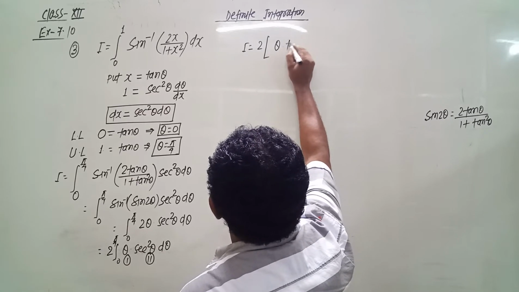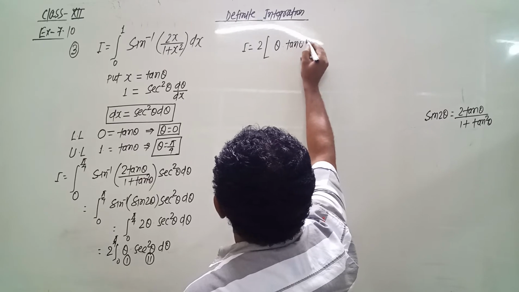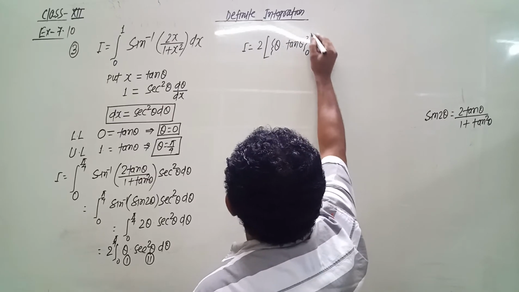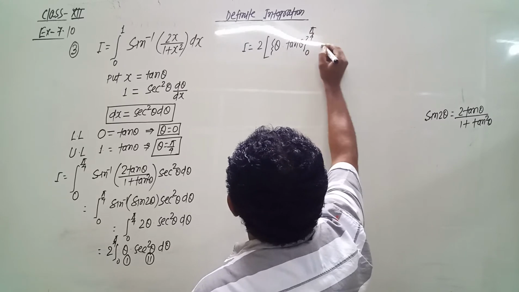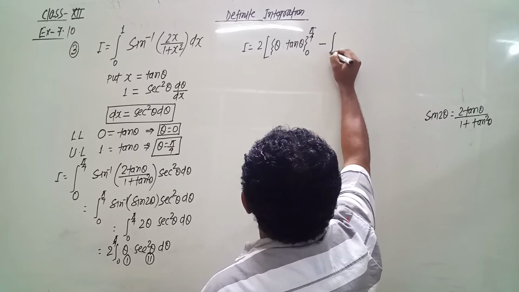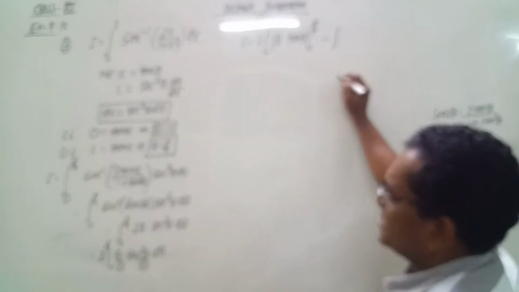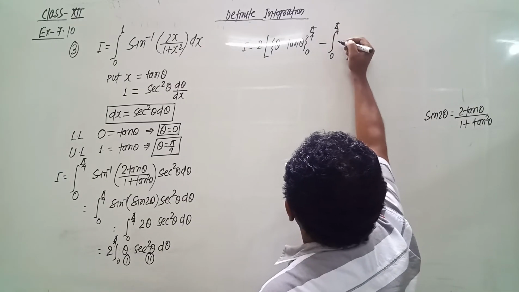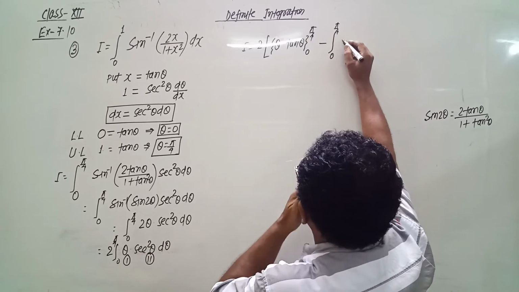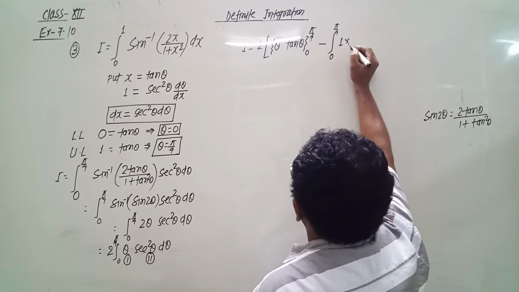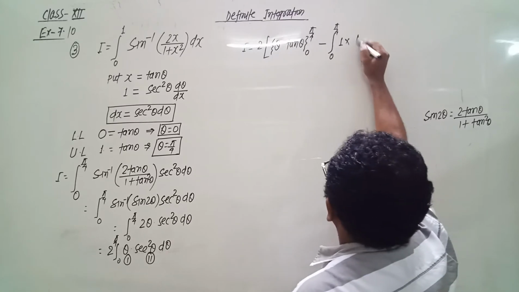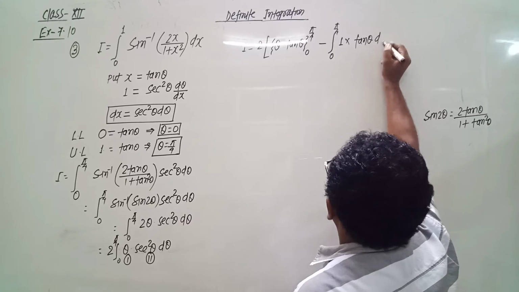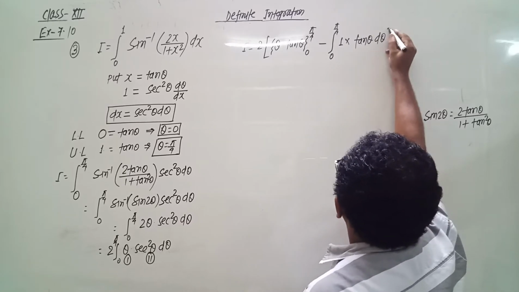Integration of sec square theta is tan theta, with limit from 0 to pi by 4, minus integration, limit from 0 to pi by 4, differentiation of first, differentiation of theta is 1, into integration of second, integration of sec square theta is tan theta, d theta.